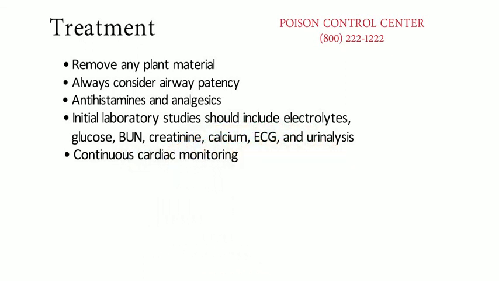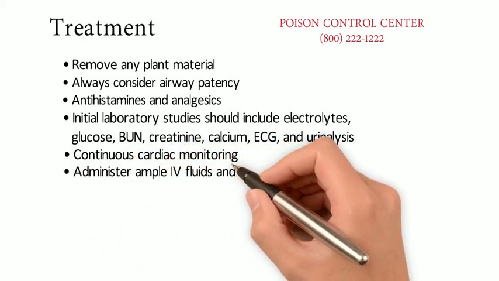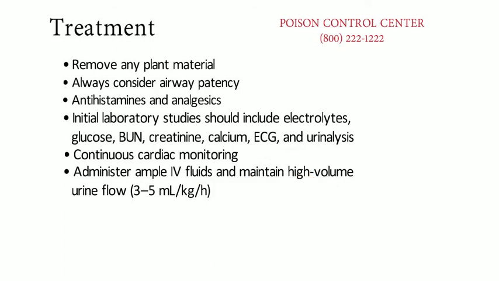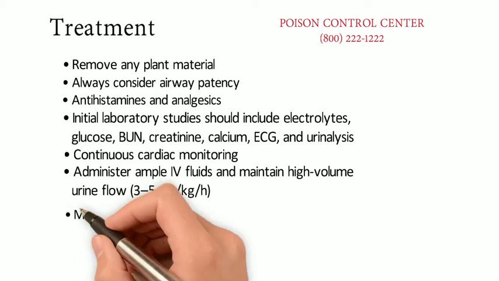Continuous cardiac monitoring is recommended to recognize and treat prolonged QT interval or other arrhythmias that may result from electrolyte imbalance. Administer IV fluids and maintain high volume urine flow at 3 to 5 ml per kilogram per hour to enhance urinary excretion and help prevent calcium oxalate precipitation in the kidney tubules.